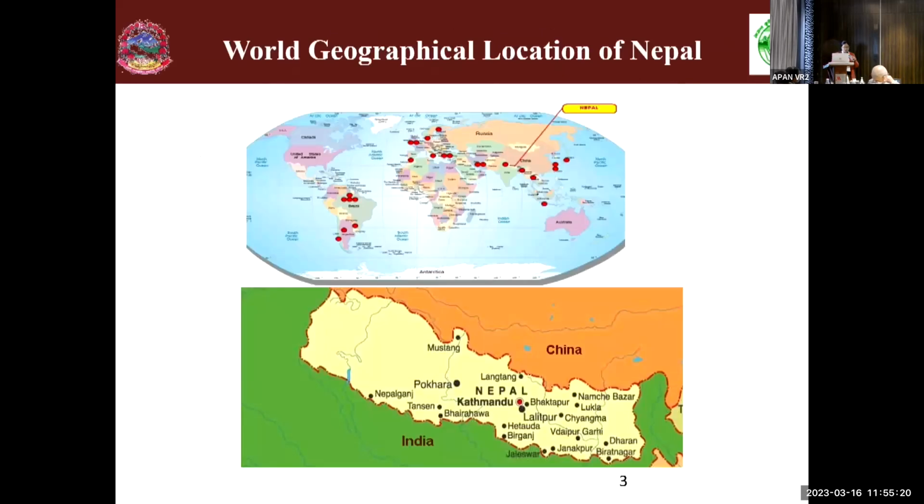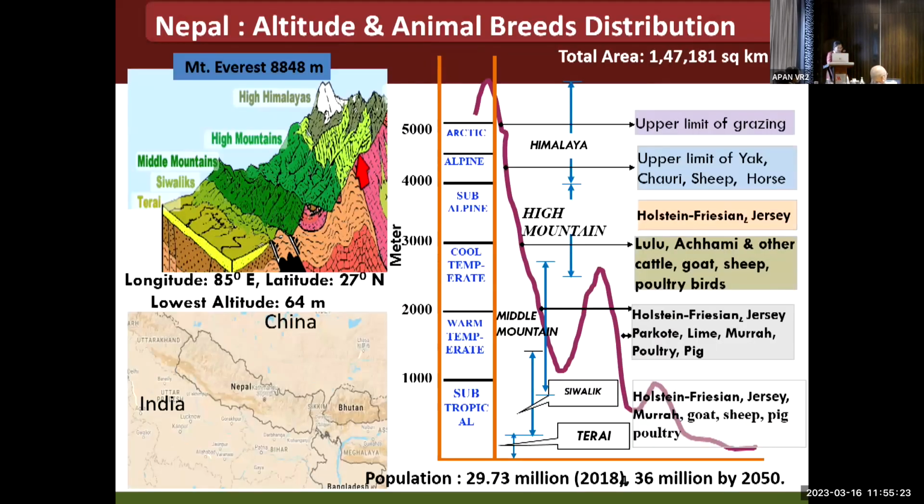So you know very well where Nepal is situated, and as was clearly shown earlier, Nepal has very diverse altitude, even over a very short distance. We go from 64 meters above sea level to the height of Mount Everest.